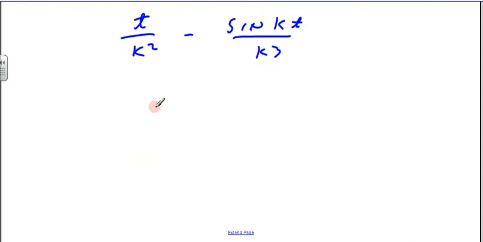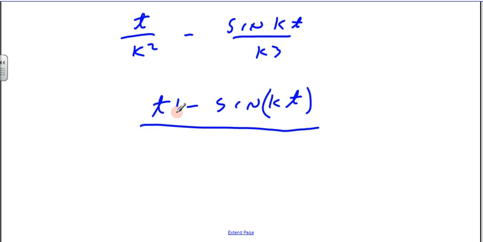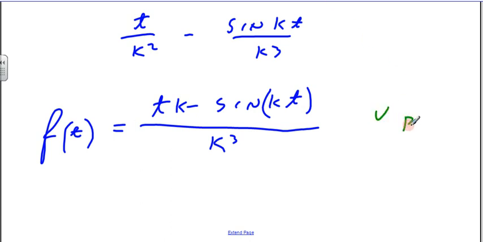And if I rewrite that as (kt minus sine kt) over k cubed, then I have what f of t is. And that checks with the back of the book. Now don't ask me how many times it took me to get there.